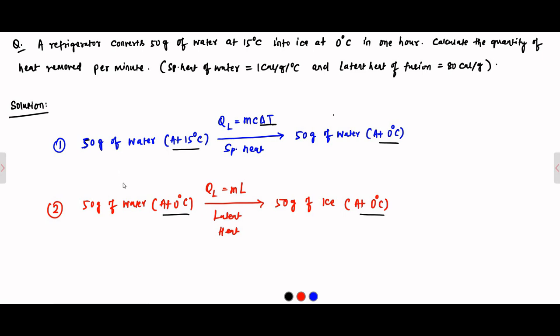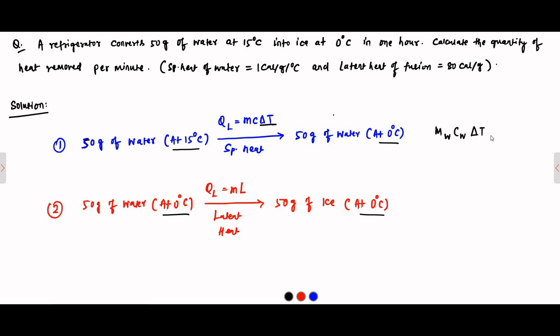So the first case, the specific heat loss, it is equal to first the mass of water, then specific heat of water, and change in temperature of water.